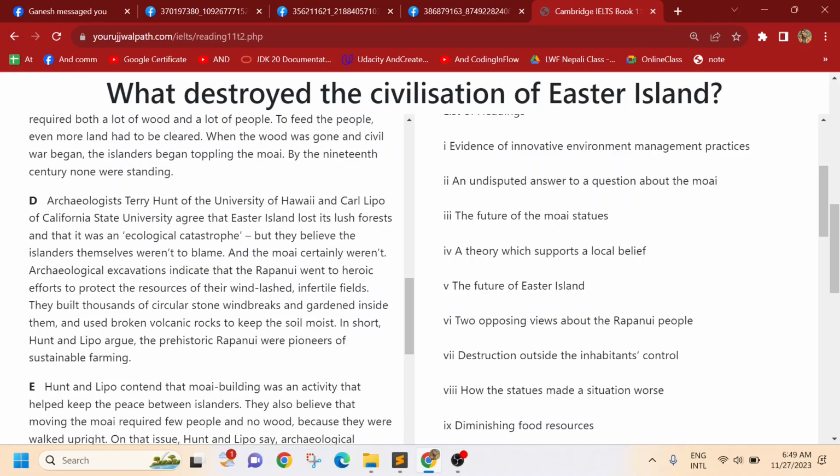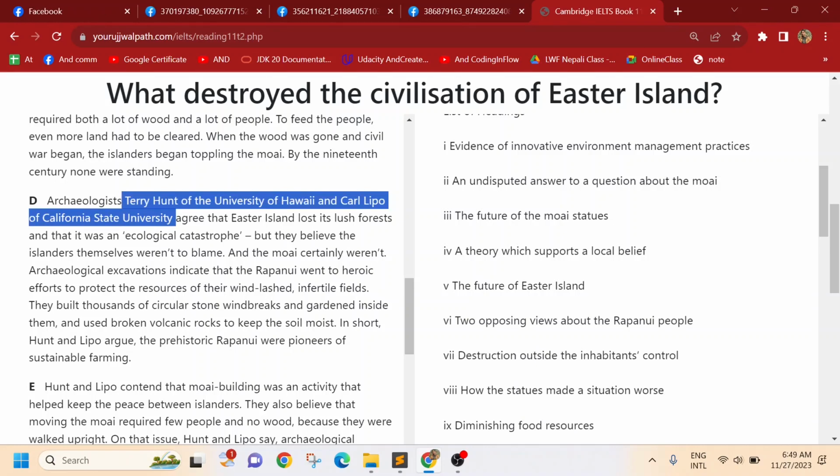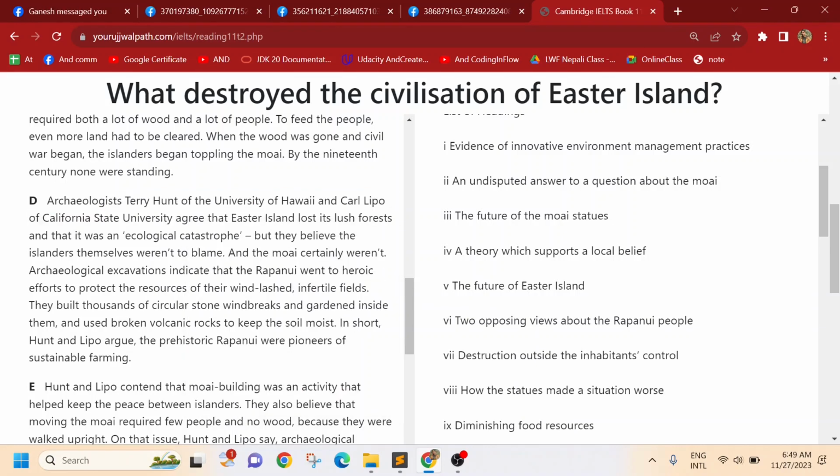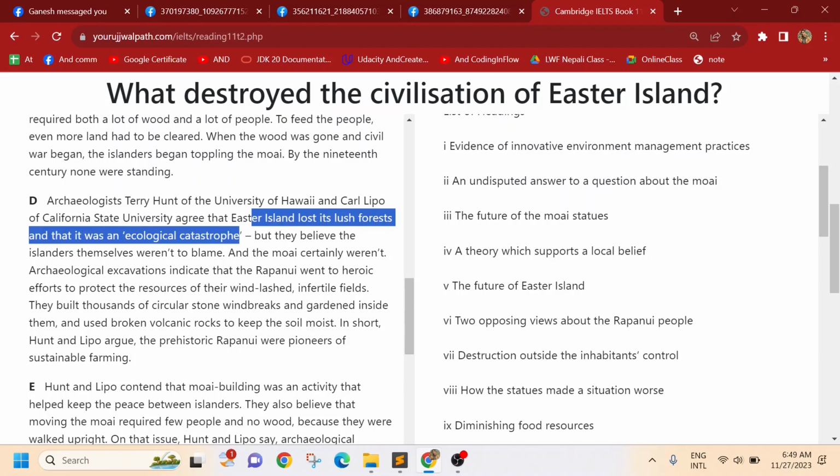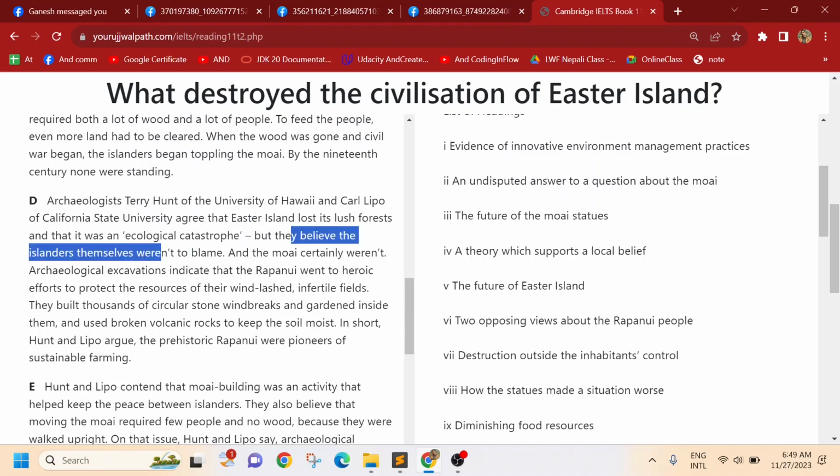What you should care about is this is the noun, and these two people, from wherever they are, they agree. What do they agree? Easter Island lost its lush forest. So they agree that the island lost its forest and that it was an ecological catastrophe, so it was big environmental damage and destruction, but they believe the islanders themselves weren't to blame.